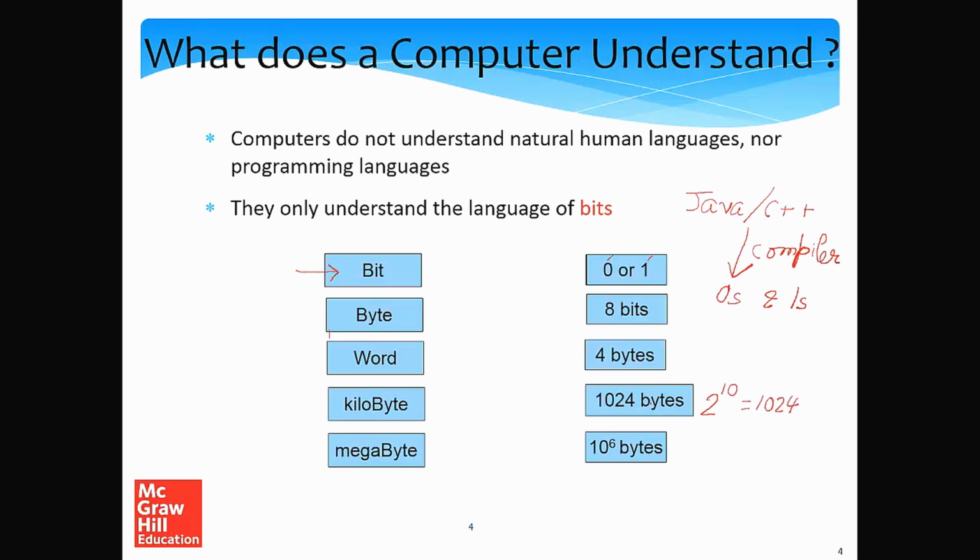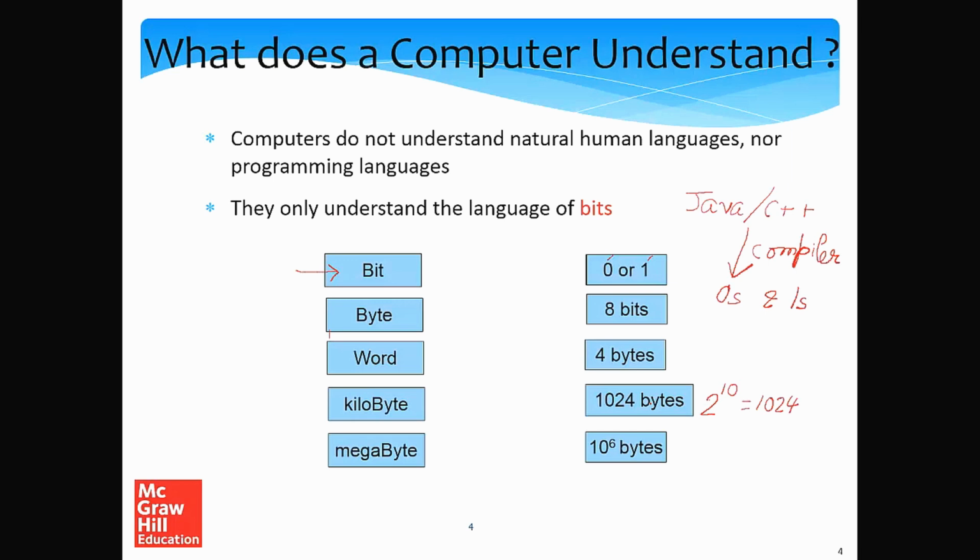Typically, when we use the word kilo, you will find mixed references. In some places it is used for 1000, in some cases it's used for 1024. Typically in computer science we would use the term kilo, as in kilobyte, as 1024 bytes, because 1024 is 2 raised to the power 10, and as we shall see in the later half of this chapter, this gives us some interesting properties. Similarly, we can define mega.